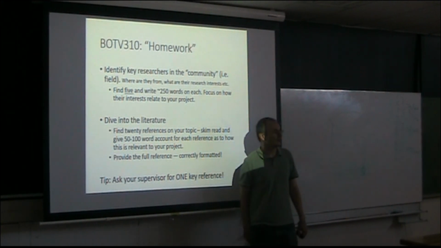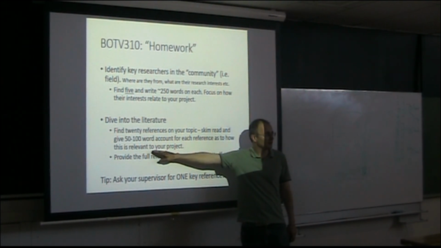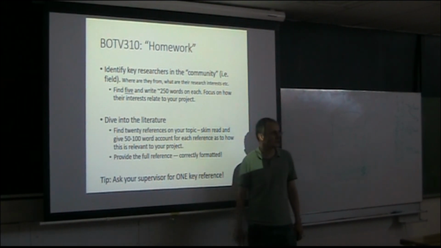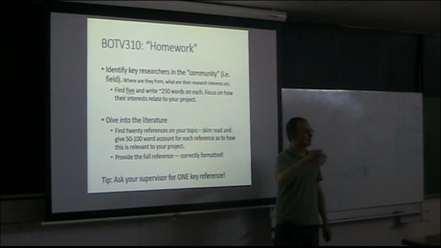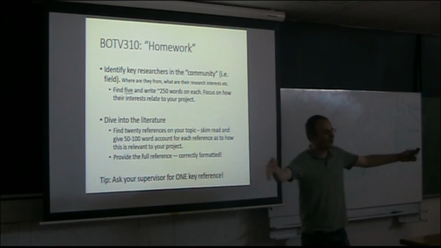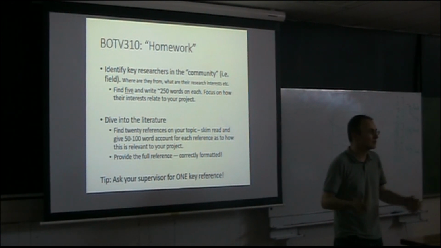And if you find a really useful paper, I don't want you to go on and on about how amazing this paper is. I just want like 100 words to say, this is a review of this topic that covers the full spectrum of all the work that's been done up until 2008. It's missing this component, which is in my project.